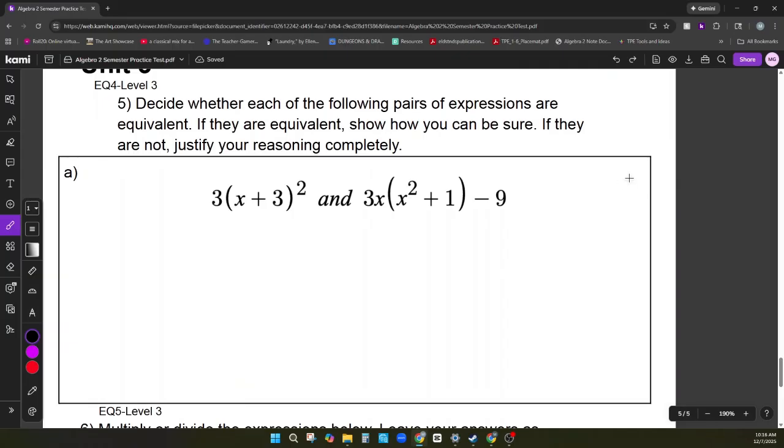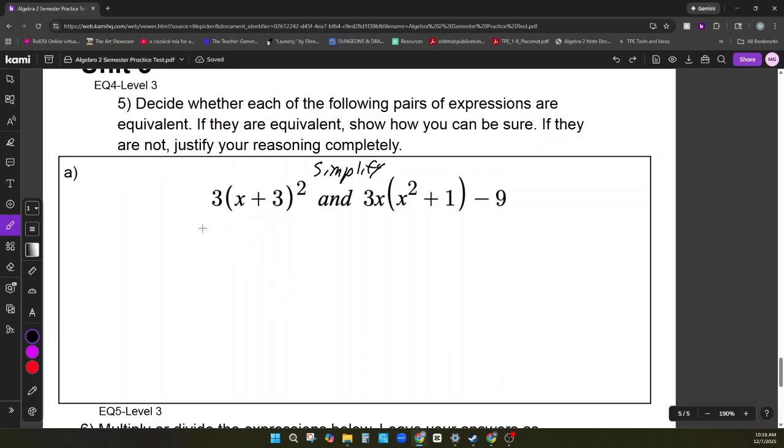So, looking at A, the name of the game here is to simplify both sides. And then once they're both in the simplest form, we're going to try and see, are they equivalent? Are they equal? So let's look at our left expression first.